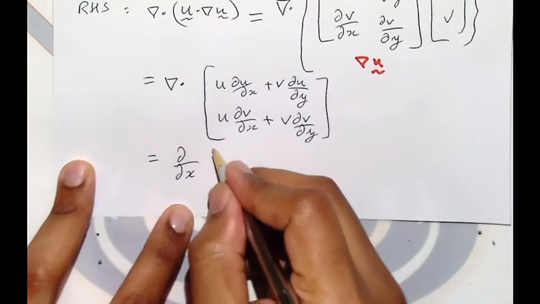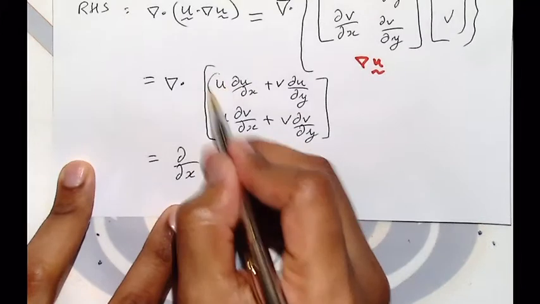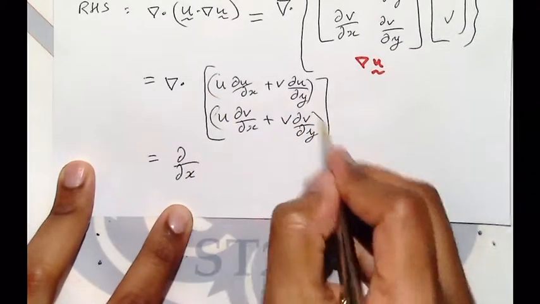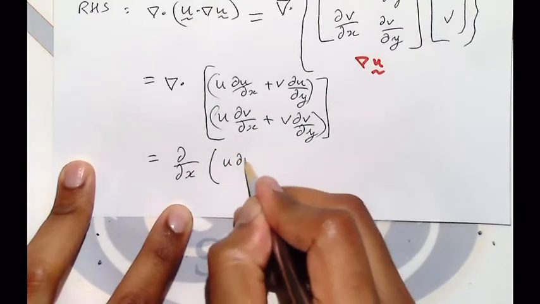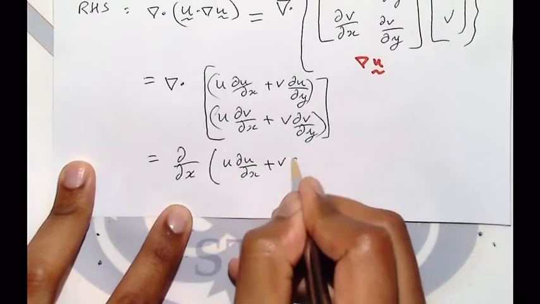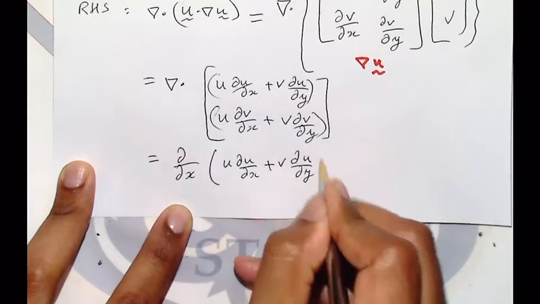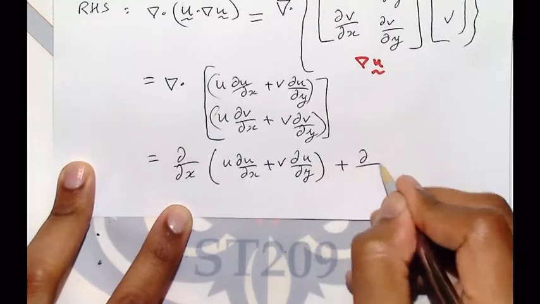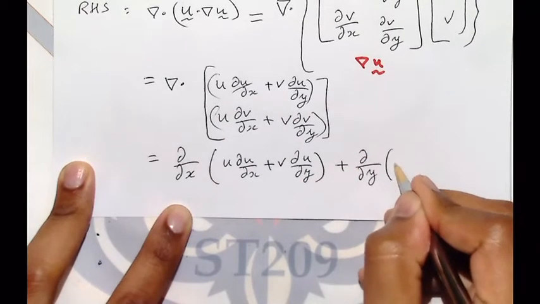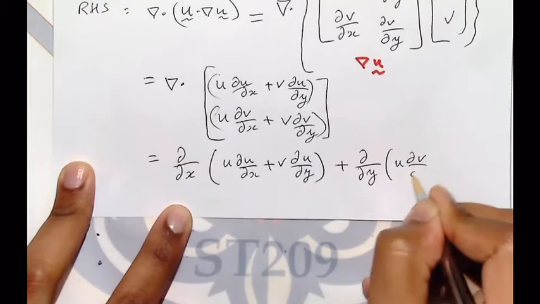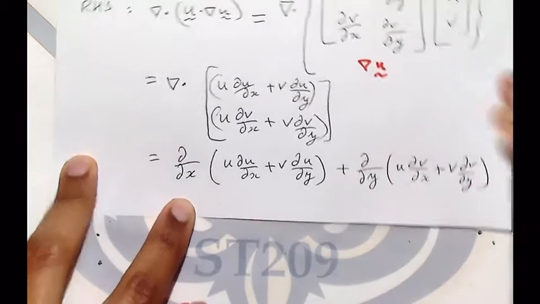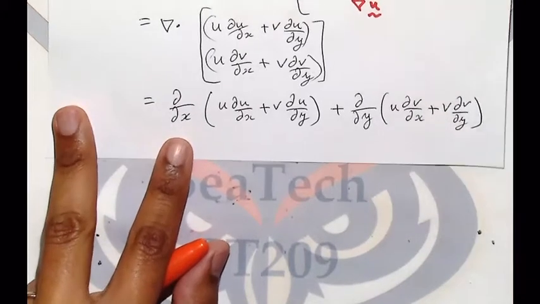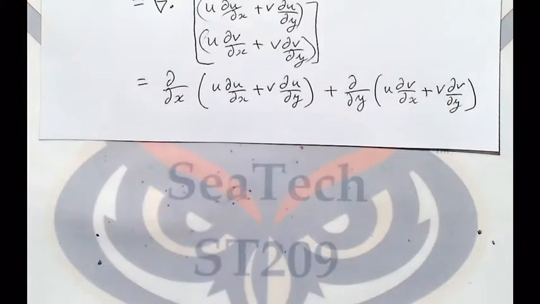So we have del by del x of the first component, del by del y of the second component. So we have del by del x of u del u by del x plus v del u by del y, plus del by del y of u del v by del x plus v del v by del y. Now it's just expanding and chugging through the numbers.